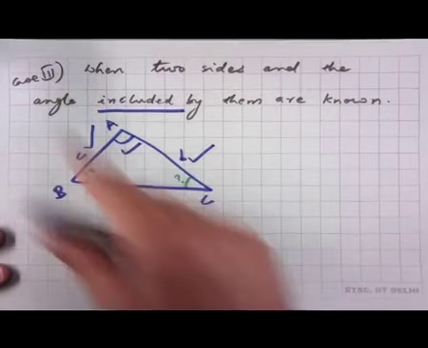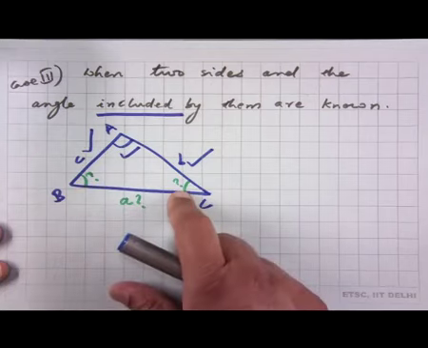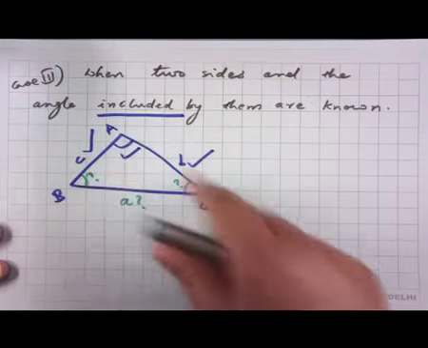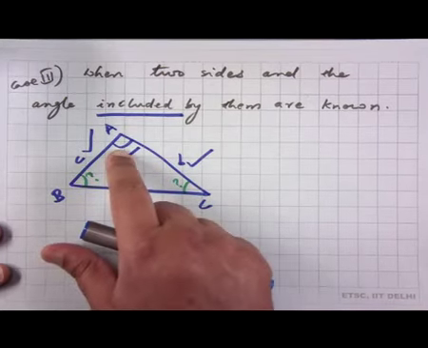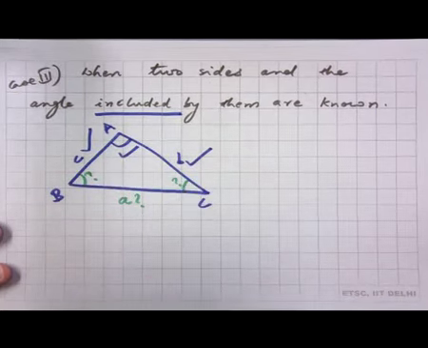So, in this case our job is to find these three unknowns given the lengths of these two sides and the measure of this angle which is included between these two sides.